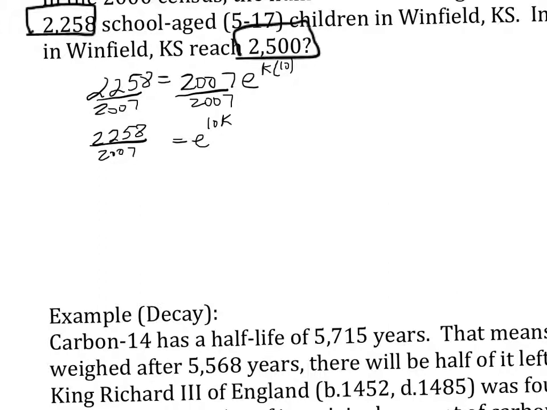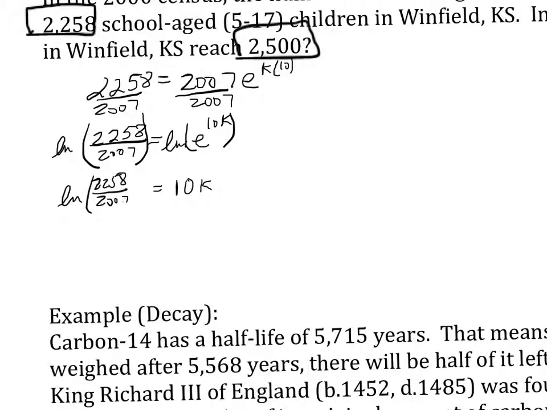2007. Now, in order to get to this k, we need to take both sides of the equation and apply the natural logarithm function to it. So that's what this will then look like, is we'll take the ln of both sides of this equation. And that will leave us with 10k equals the ln of 2258 over 2007.